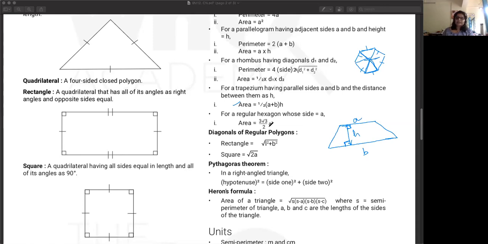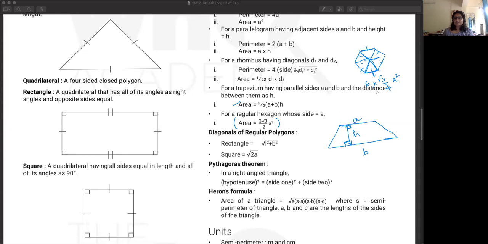So basically, how you got this formula, area equal to 3 root 3 by 2 into a square, is that the area of each equilateral triangle is root 3 by 4 a square. And because there are 6 equilateral triangles, you just multiply it by 6.